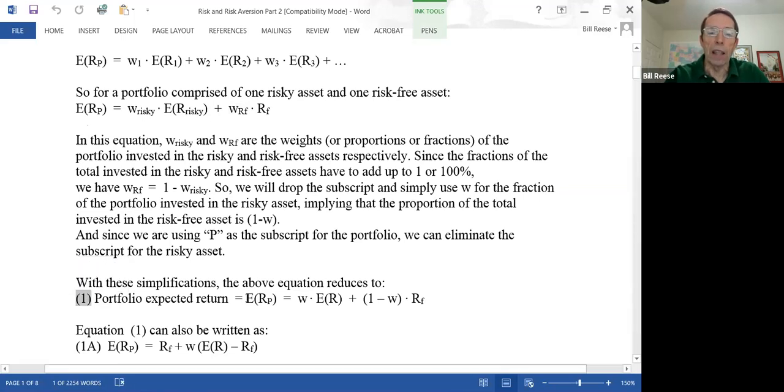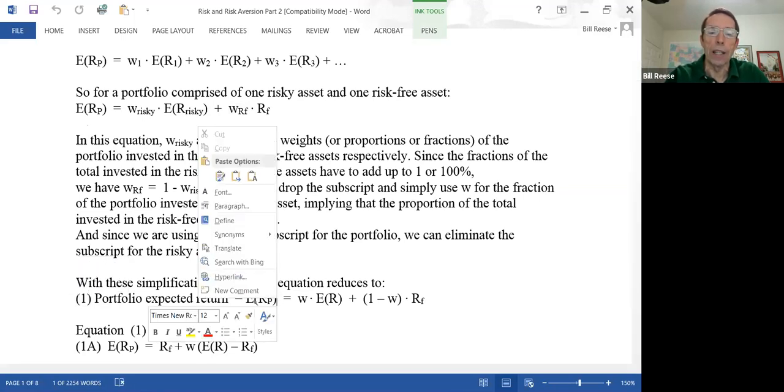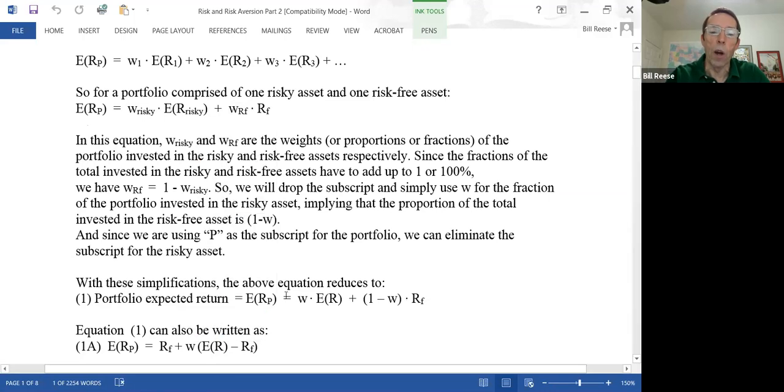The expected return on that portfolio, and again, this only applies when you have one risky asset and one risk-free asset, equation 1 only applies in this case, is W, the weight on the risky asset, times the expected return of the risky asset, plus 1 minus W, which is the weight on the risk-free asset, times the risk-free rate of return. So equation number 1 applies when we have one risky asset and one risk-free asset.